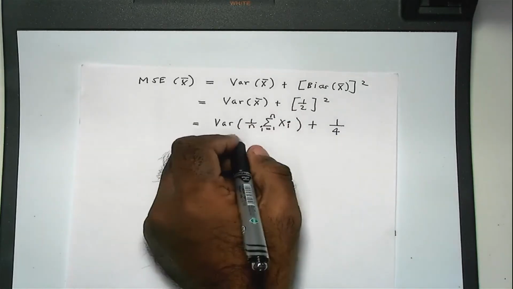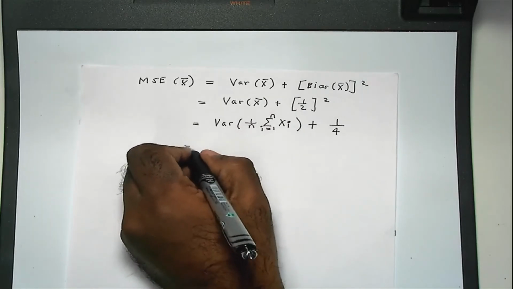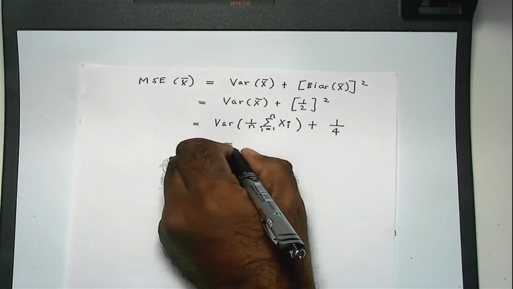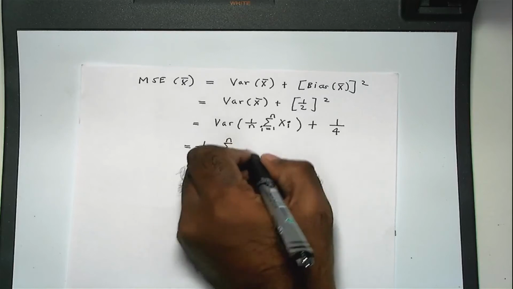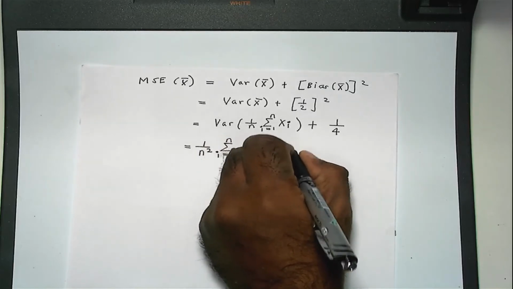If you take the variance inside, it becomes 1 over n squared sum of the variance of xi plus a quarter.